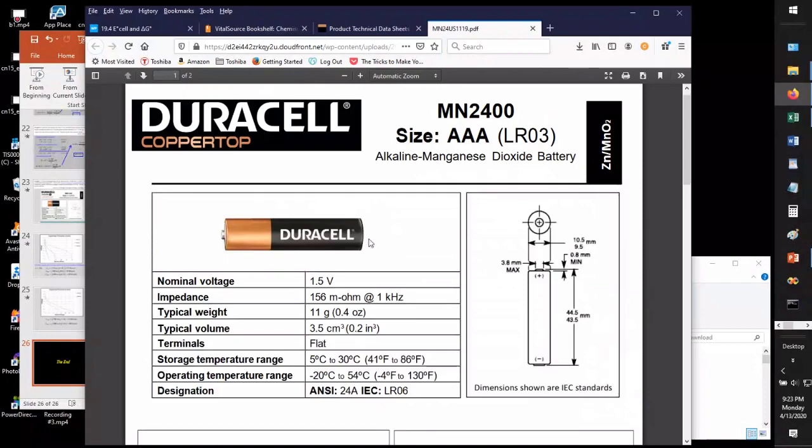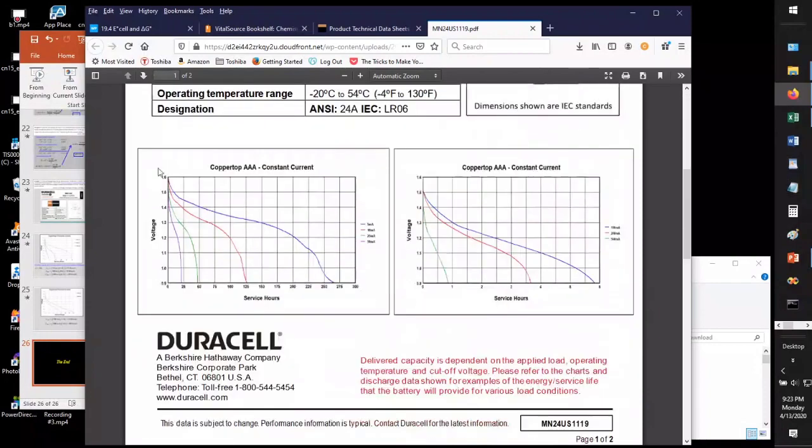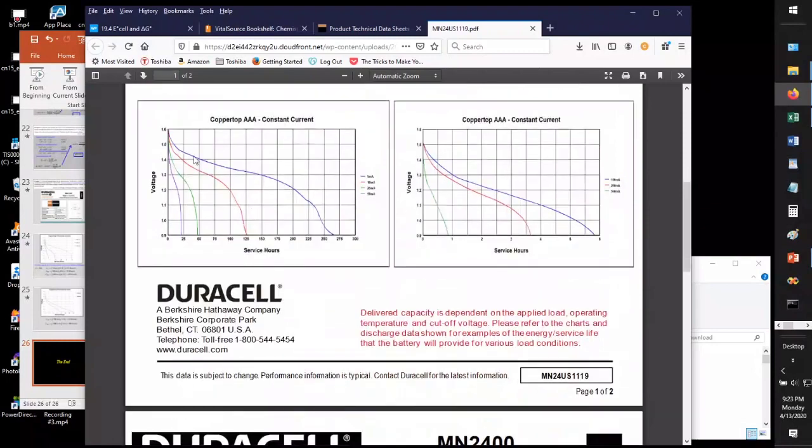So this gives the same sort of information for their AAA battery. So they have the same sort of curves here, the drain time, like the discharge curves for various current rates. So it drops off pretty fast with load, just like the D battery did.